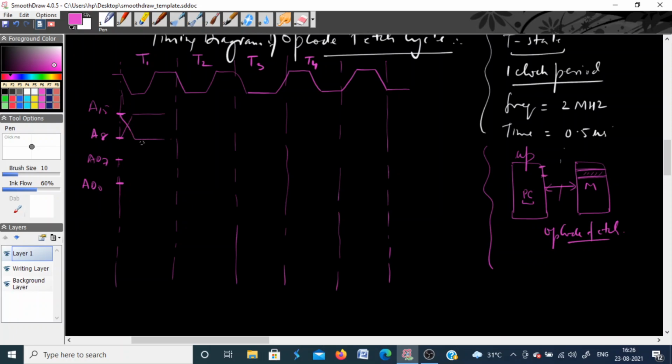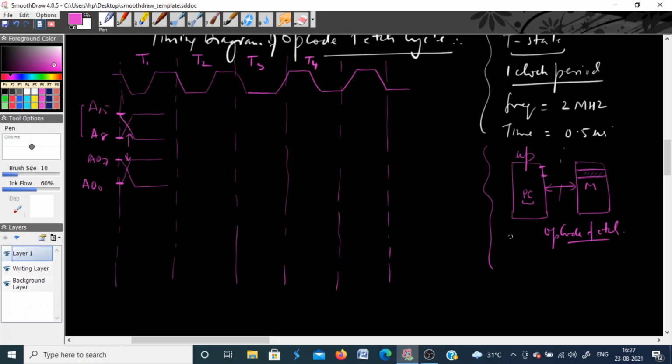This will carry your higher order address A8 to A15, and AD0 to AD7 will carry your lower 8 bits. This crossover point in the timing diagrams shows that at this point some data is being placed on the address bus.